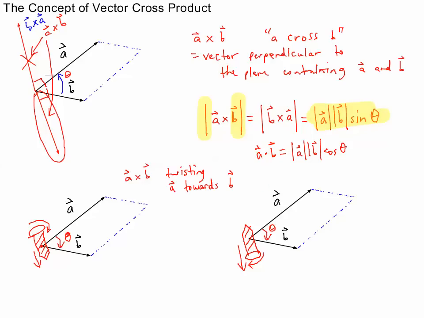A dot B is not a vector, it's a number, so you just get the magnitudes times the cosine of the angle. Okay, and that's how you can determine the length of a cross product vector. In another video, I'll show you how to actually calculate the cross product by using matrix determinants.